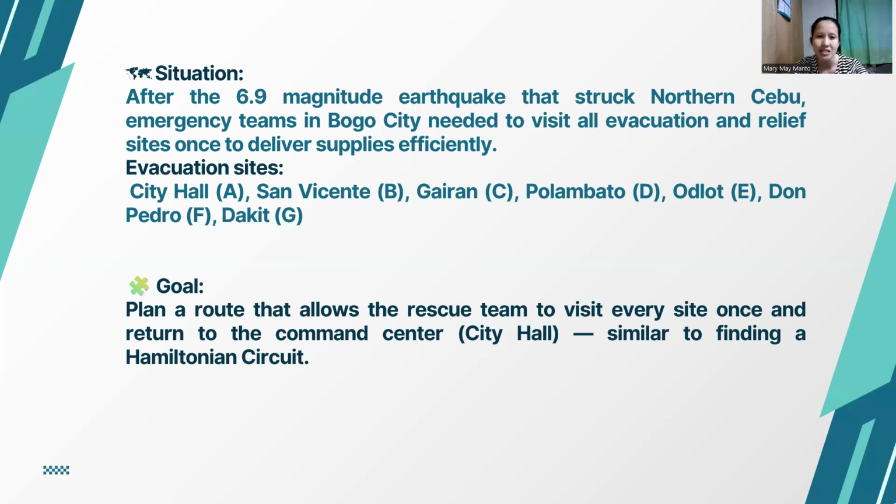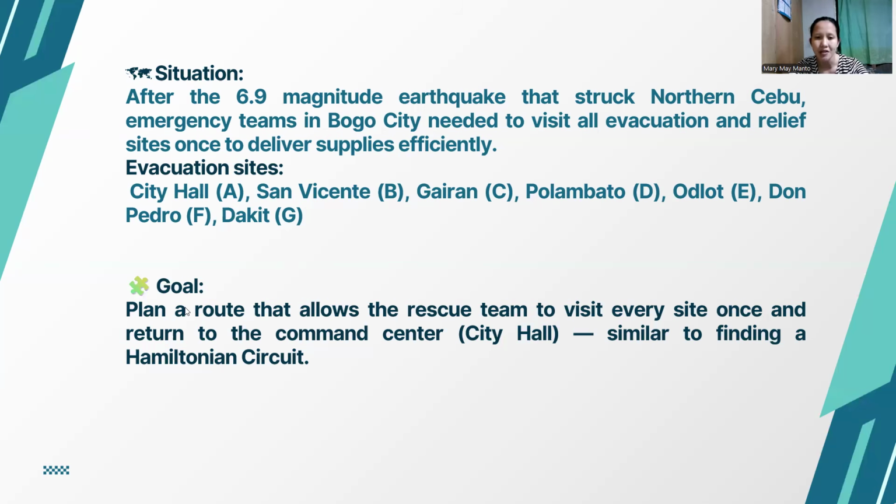So these are the sites. It starts with the City Hall, and San Vicente is labeled as B, Gairan is C, Pulambato is D, Odlot is E, Don Pedro is F, Dakit is G. These letters B to G are the evacuation sites.